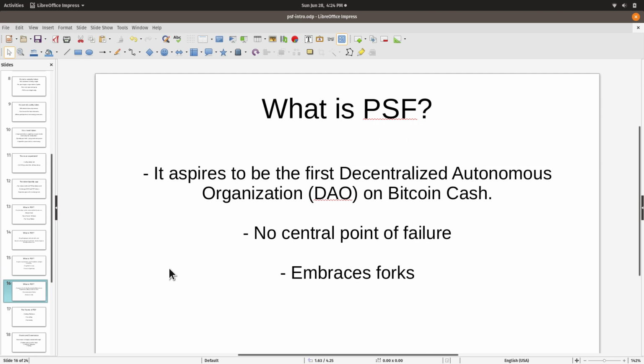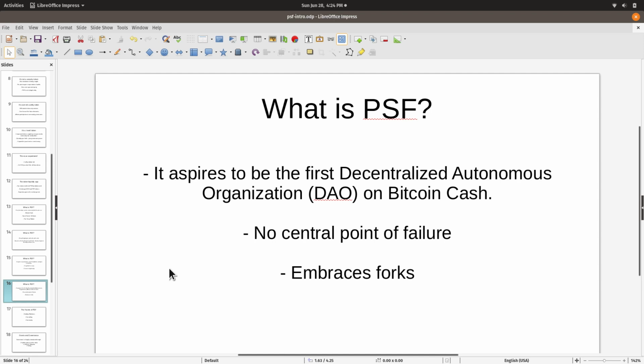It aspires to be the first decentralized autonomous organization on the Bitcoin Cash network. There are a handful of DAOs, these decentralized autonomous organizations, on the Ethereum chain, but there are none that I'm aware of on the Bitcoin Cash chain. So this is attempting to become the first DAO on the Bitcoin Cash chain. There's intended to be no central point of failure.